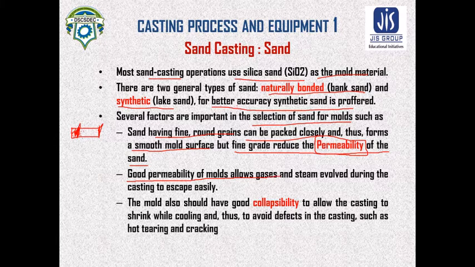Good permeability molds allow the gas and steam evolved during the casting process to escape easily. So when there is some gas from the molten metal, that gas can escape easily using the good permeability.